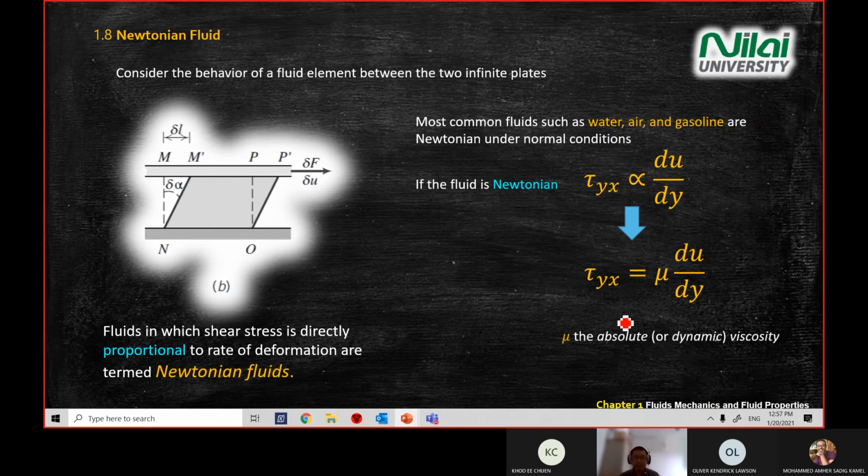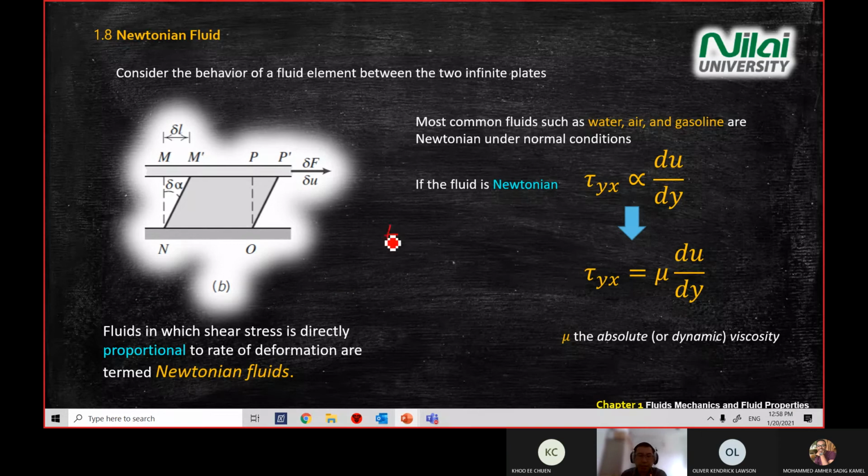Okay, so in this case, the constant value in front of the shear rate is called dynamic viscosity. This can also be called absolute viscosity, or we call it dynamic viscosity. We have two types of viscosity.